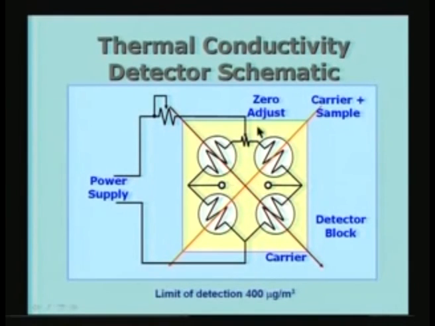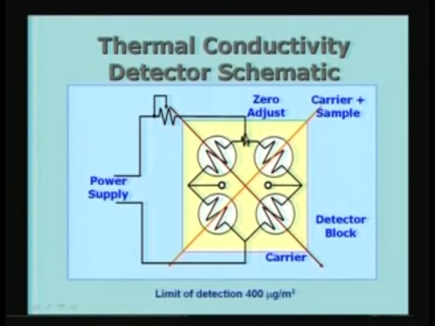There is also a zero adjust, because all these four may not be exactly identical. The zero adjust is made here so that we can take care of that. When all the four elements are exposed to carrier gas, there should be exactly zero output here.